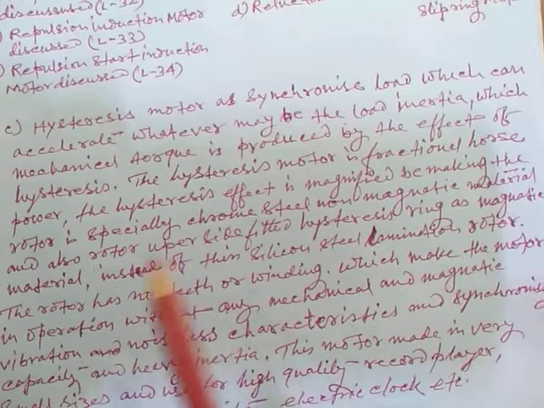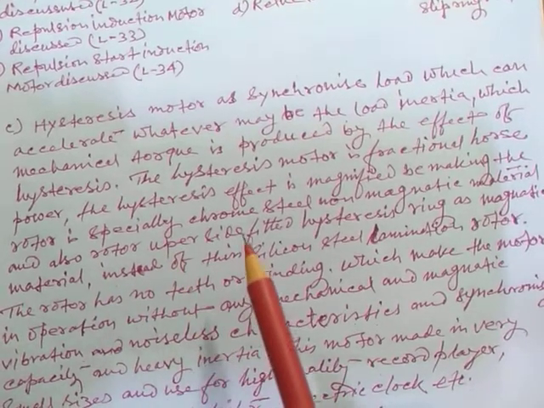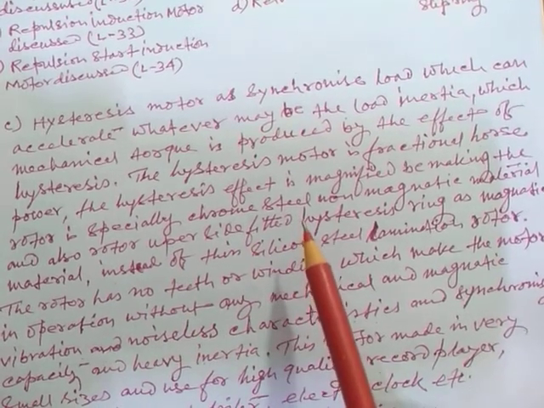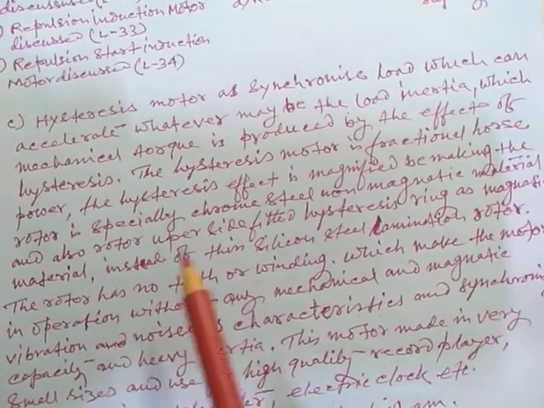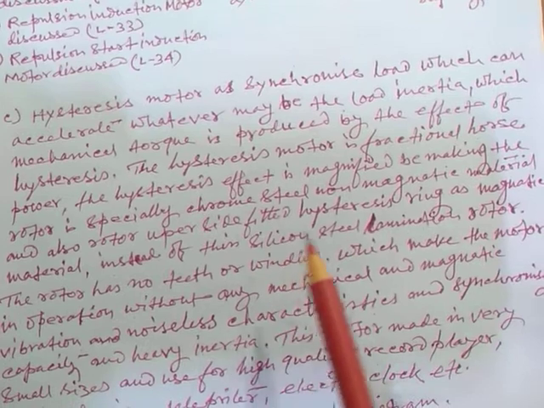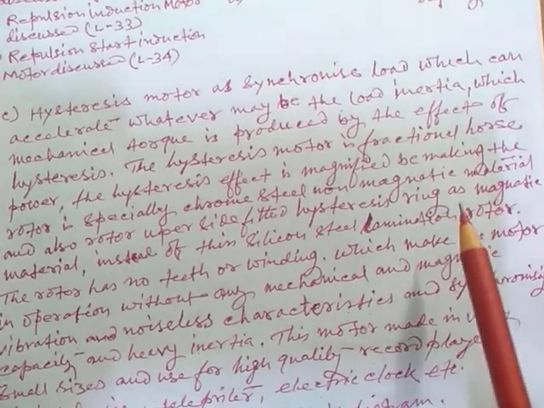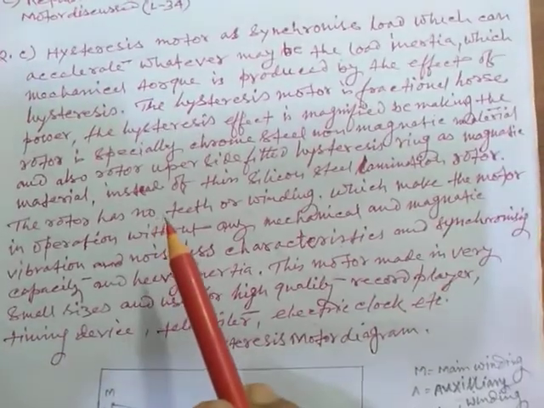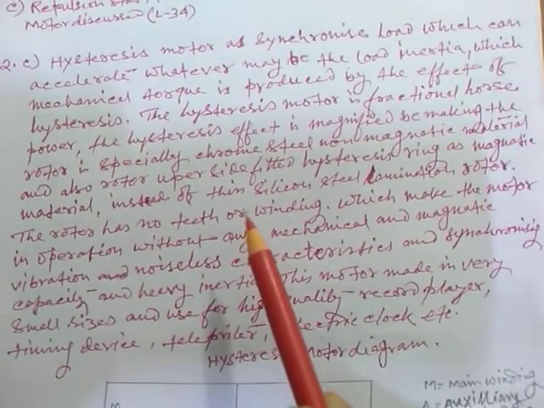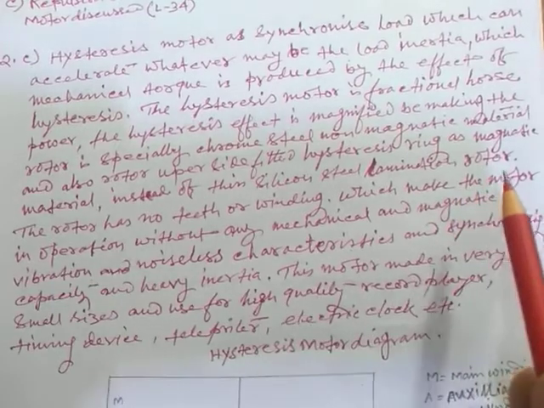making the rotor especially of chrome steel, a non-magnetic material, and the upper side of the rotor is fitted with a hysteresis ring as magnetic material, instead of a silicon steel lamination rotor.